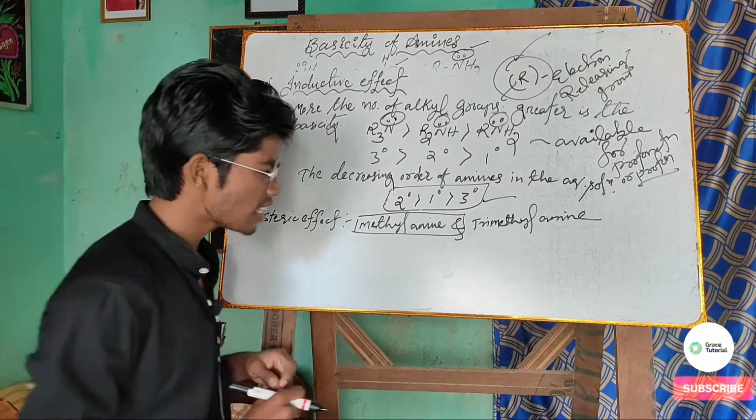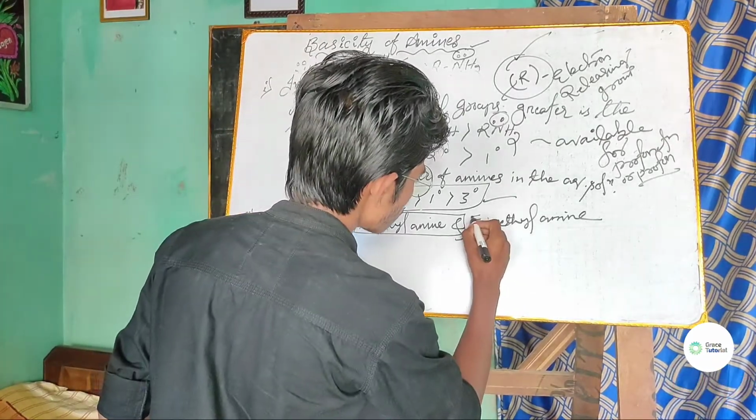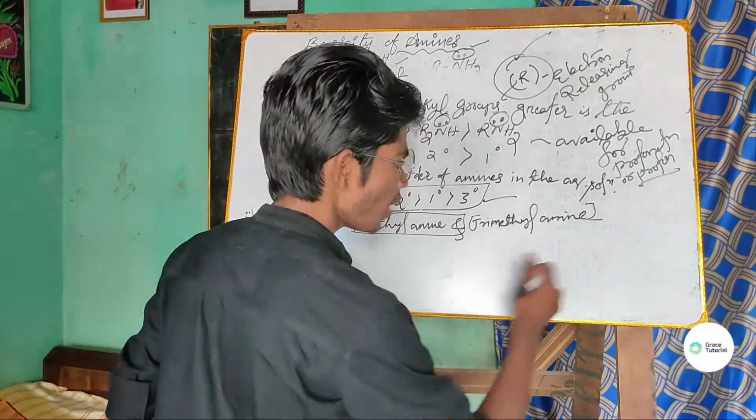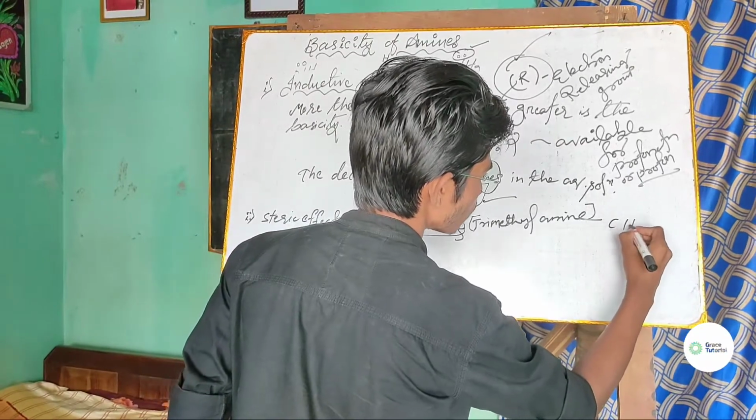But how? What does the steric effect say about the basicity of the amine? If you look at trimethylamine, you have three alkyl groups.